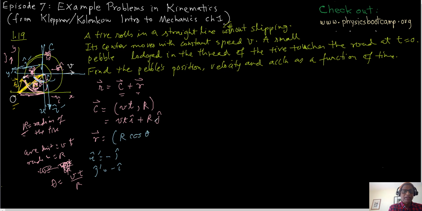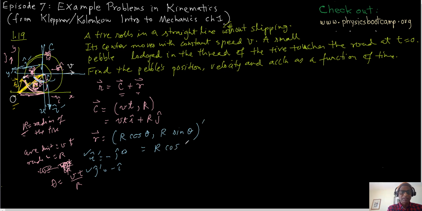So if you do that, it's very easy to get R cosine theta for the x-axis coordinate and R sine theta for the y-coordinate. But these guys use I hat prime, j hat prime. So let's write that down in the prime coordinates.